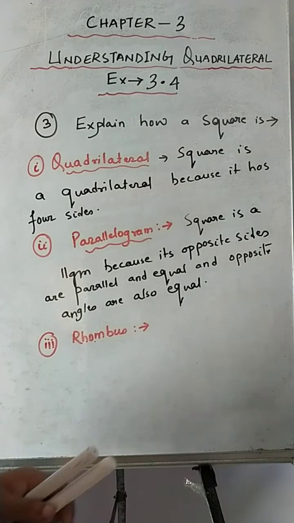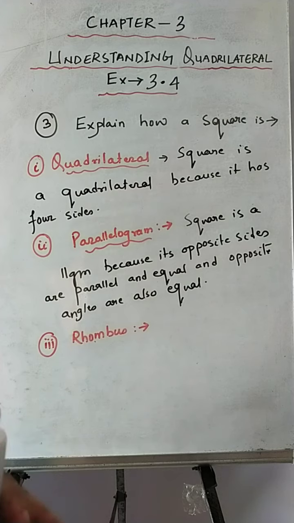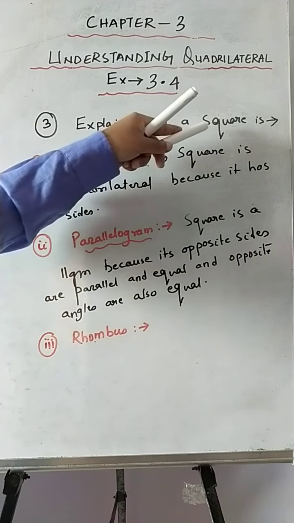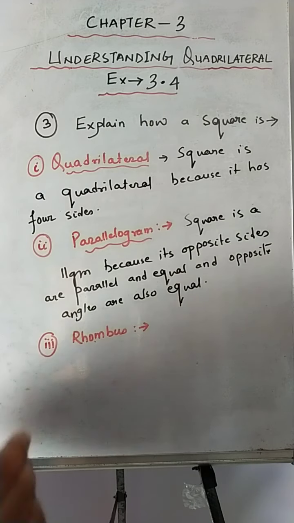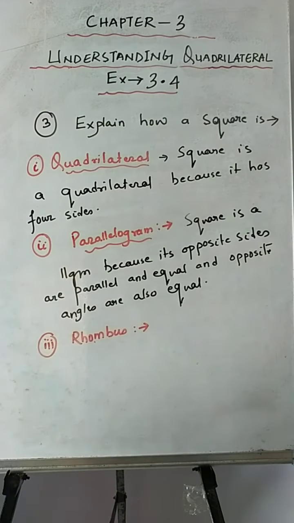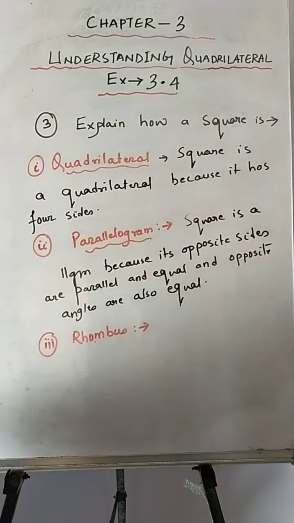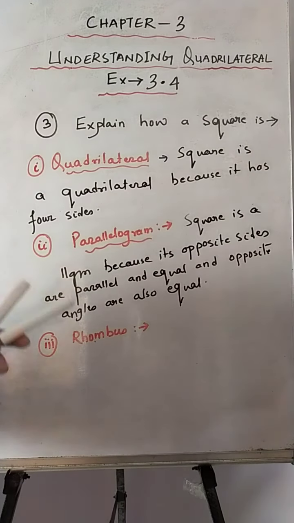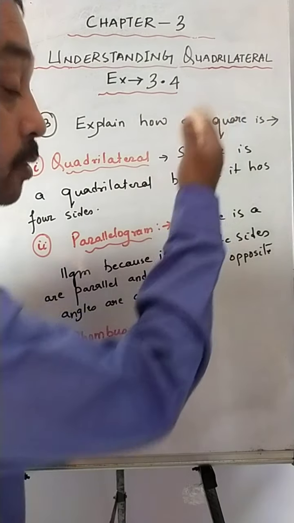In a rhombus the diagonals bisect at 90 degree, so those are perpendicular bisectors. The same thing happens with a square. So all the properties of a rhombus are matching with a square. That is the reason why we can say that a square is a rhombus, but a rhombus is not a square.